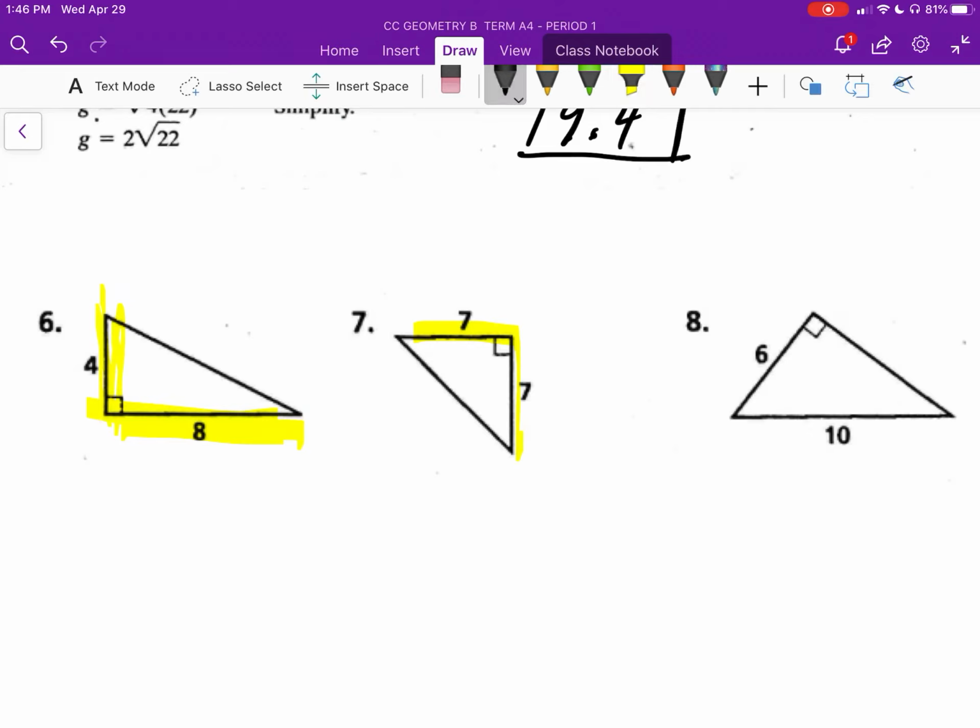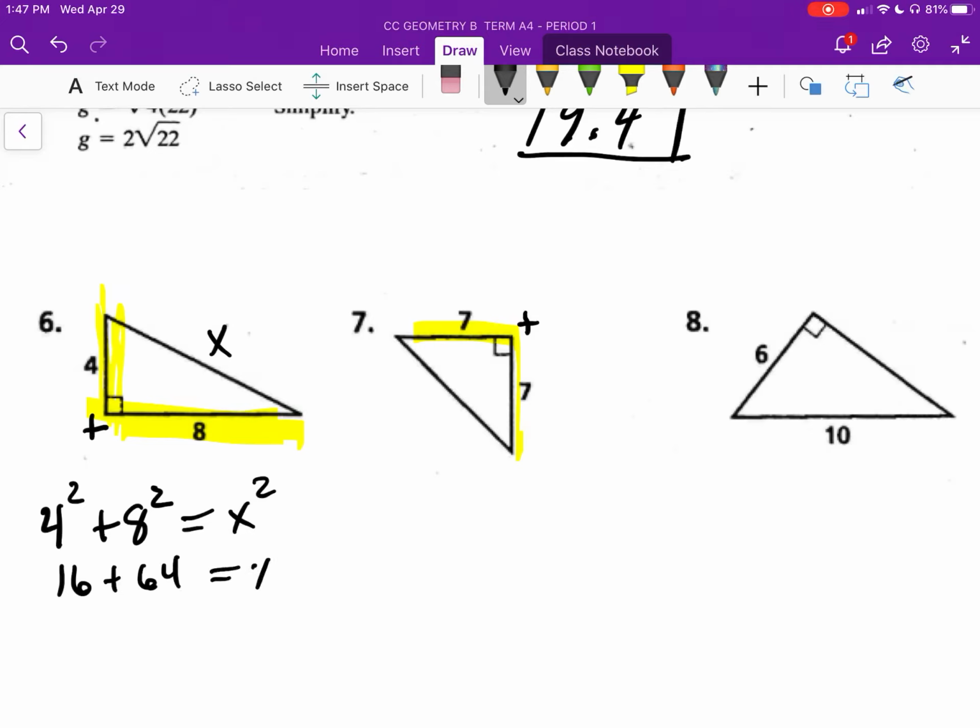And a nice little trick is you can always put a plus here at the corner. Okay, so we could say that 4 squared plus 8 squared equals the missing side. So let's just call that x squared. And we can move on and solve this. So this is going to be 16 plus 64 equals x squared.